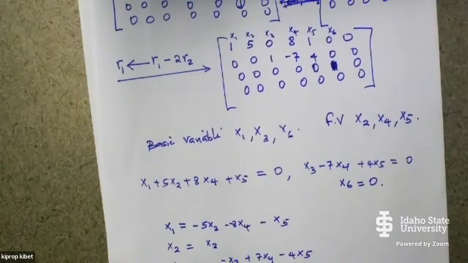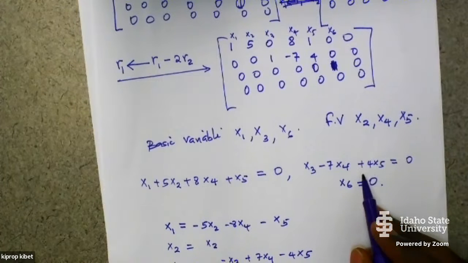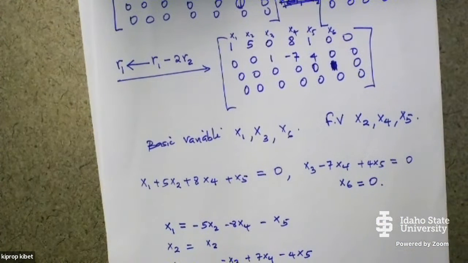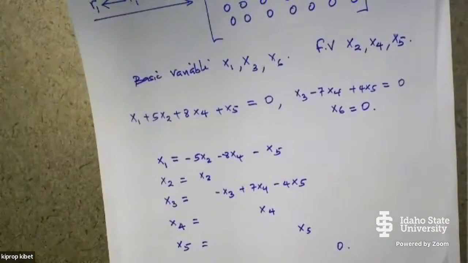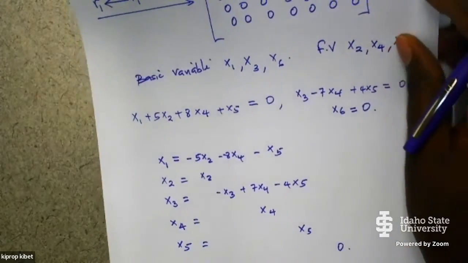Then x4 is our free variable, so x4 equals x4. x5 is also a free variable, so x5 equals x5. And our x6 equals 0. That is our solution set.